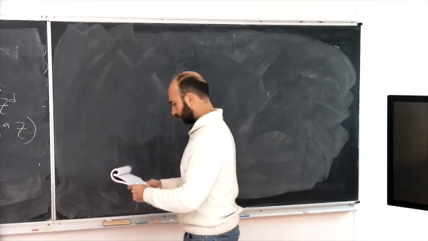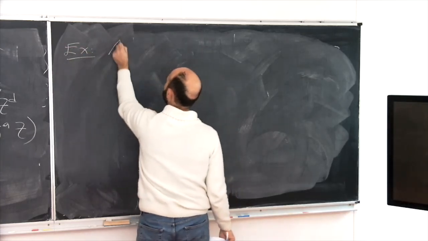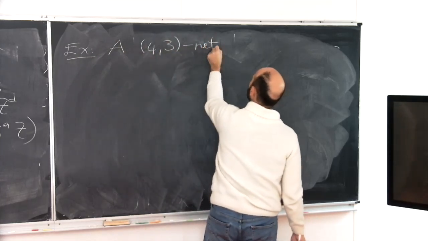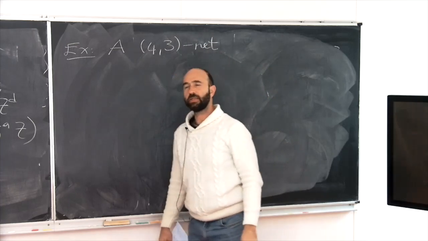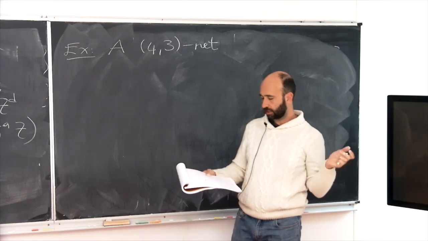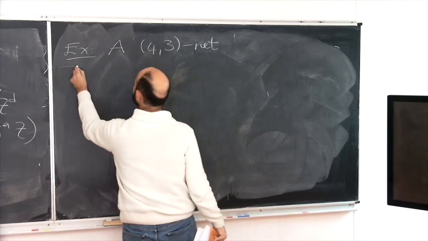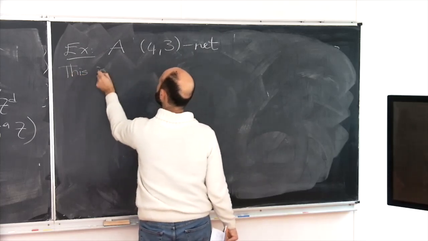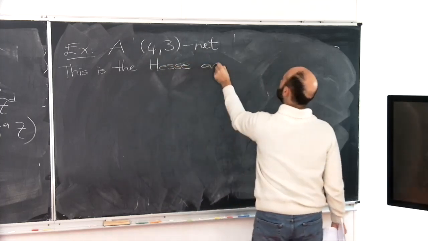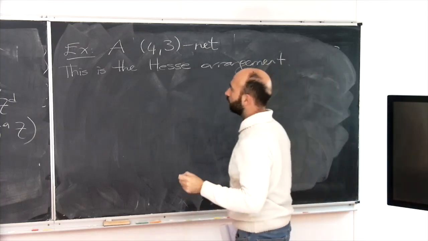Okay, now another example. This will be a 4-3 net. So 4 classes of lines, each containing 3 lines. Actually, this is the Hesse arrangement that we discussed before. So recall how this went.